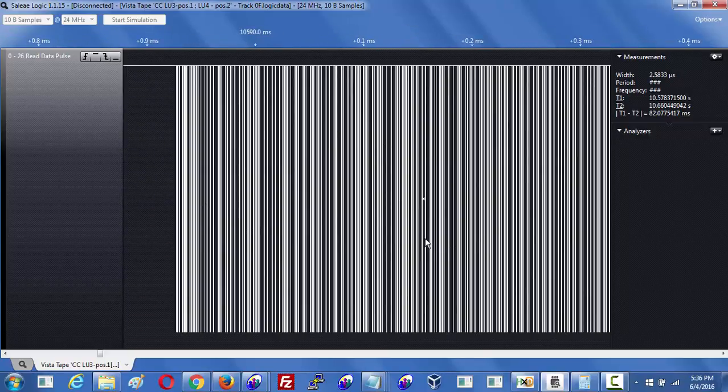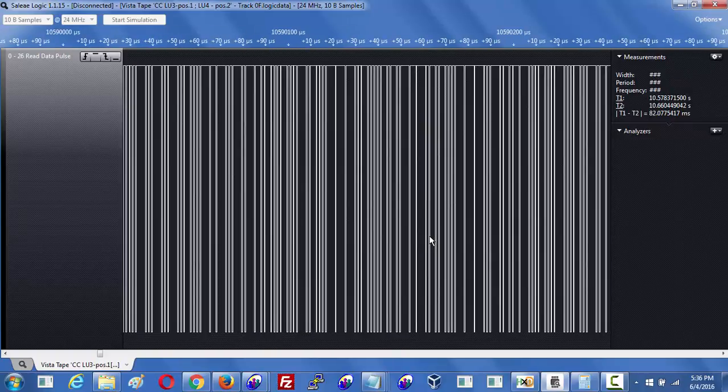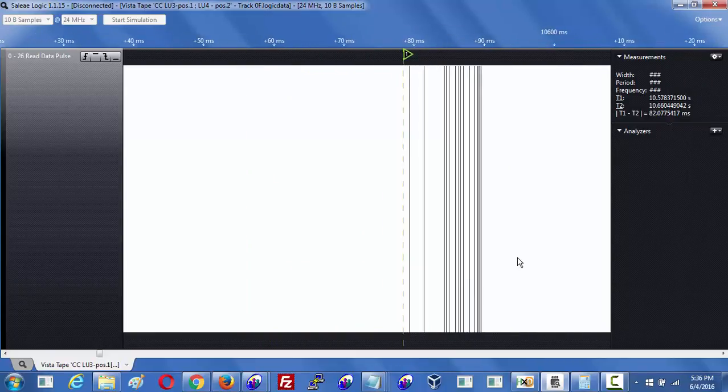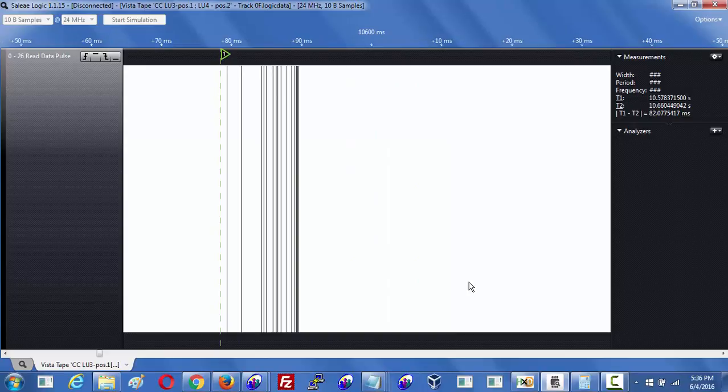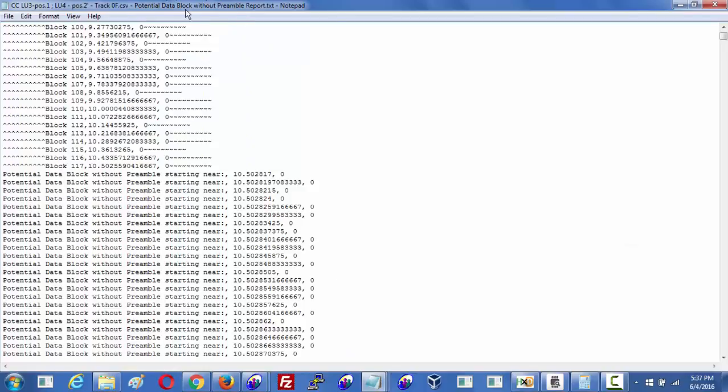But you see how I've created multiple ways to ensure that we have the right data, that we're not missing blocks when we're dealing with non-counted blocks with inner block gaps or inner record gaps, where something could be in between and you wouldn't know unless you were really specifically looking for anything that even smelled like a block. It's exactly what we've done here, and I just wanted to point out that was another portion of my system that identified this, the potential data block without preamble report.